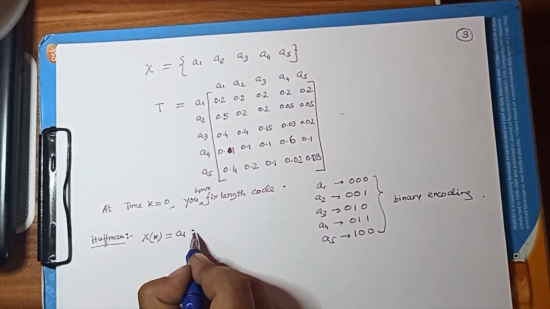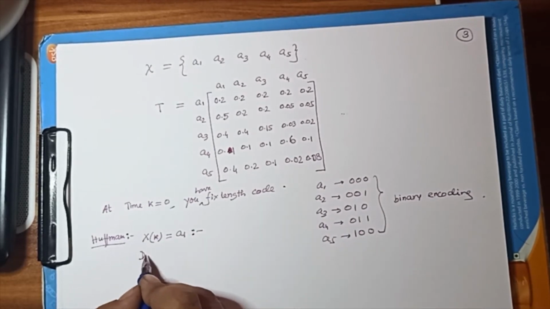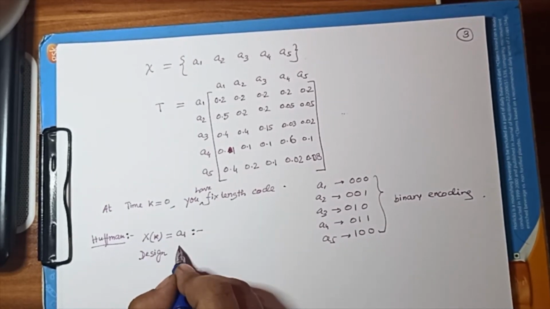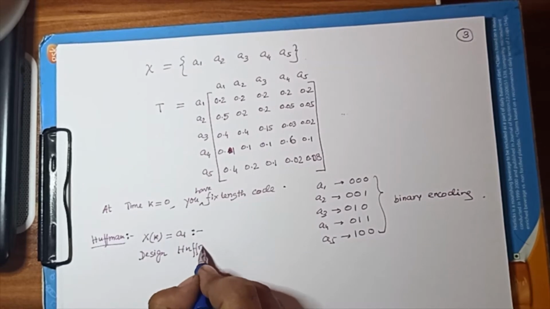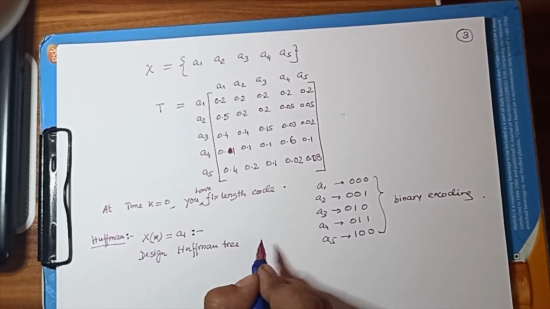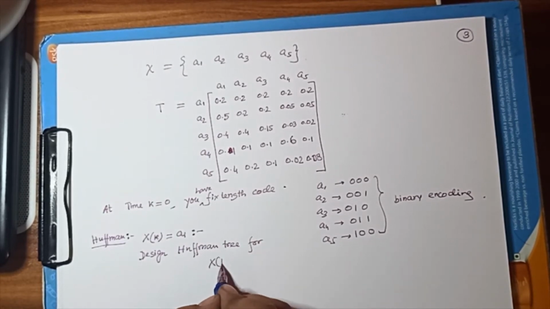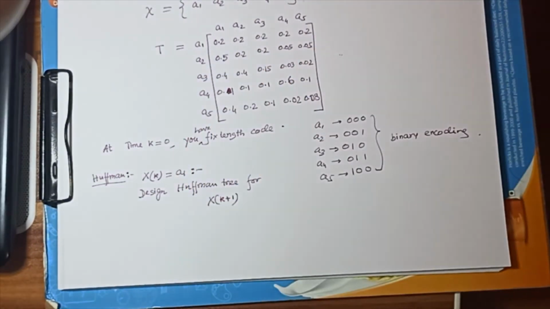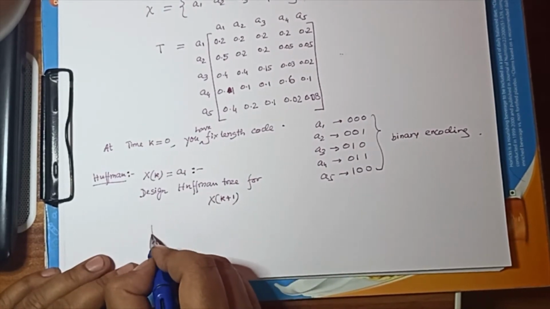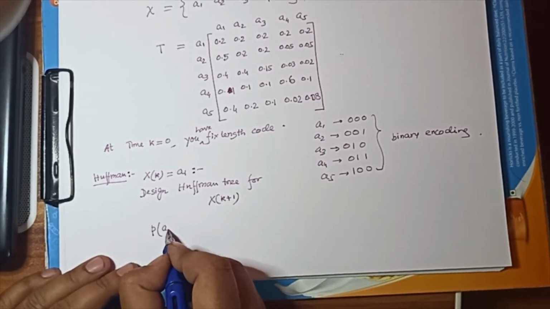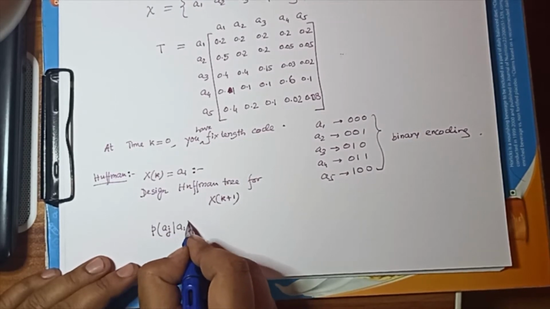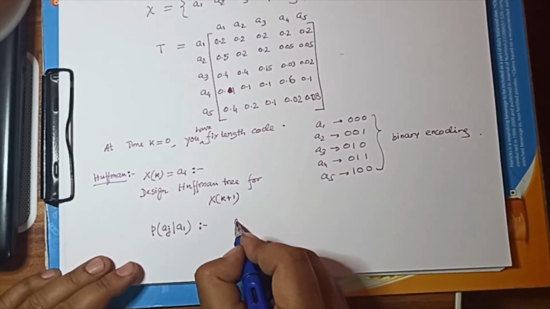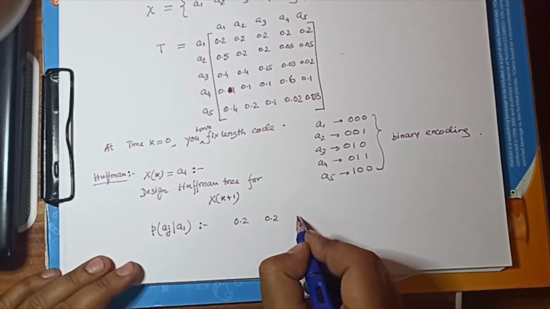Then you have to design the Huffman tree to encode xk plus 1. How to do that? You take the first row, the probability of aj given a1. This first row is basically 0.2, 0.2, 0.2, 0.2, 0.2.